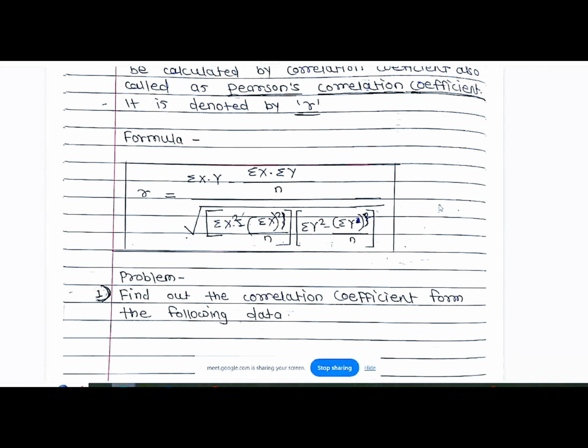And for manual calculation, the formula is like this. I'm going to explain the formula now. It is very easy.